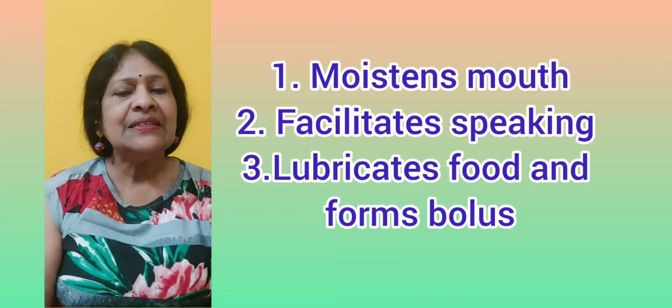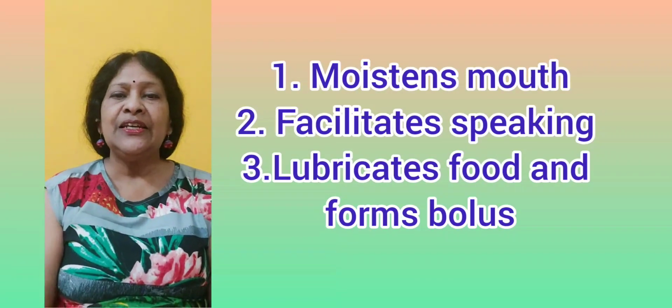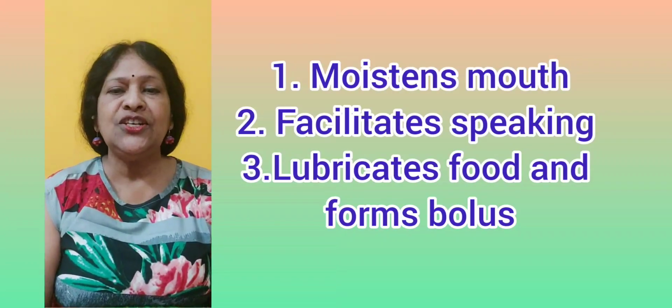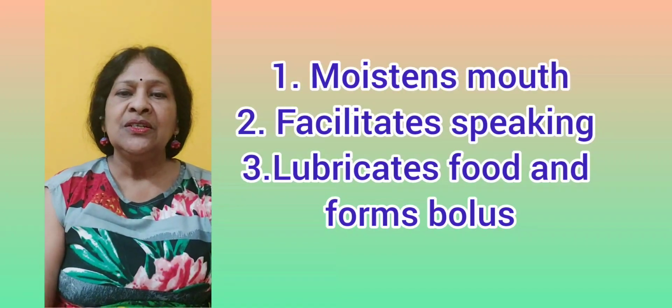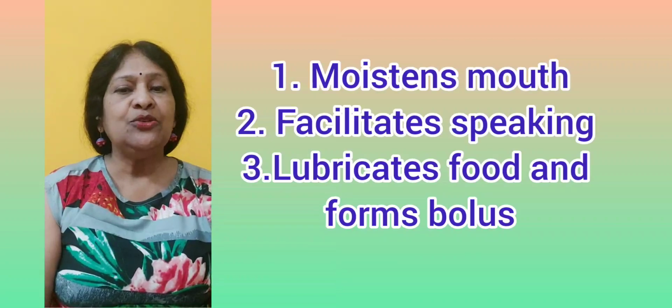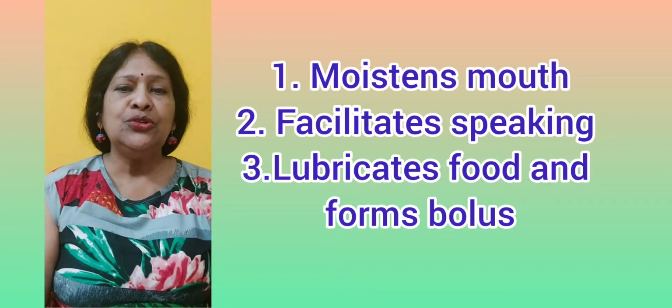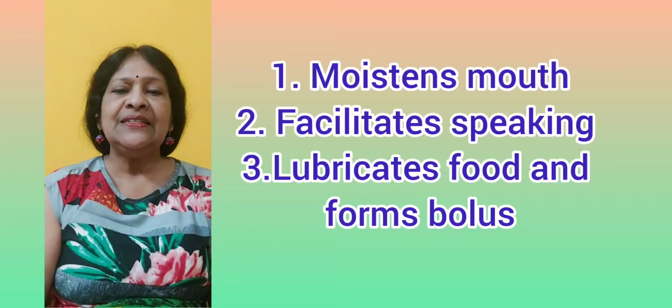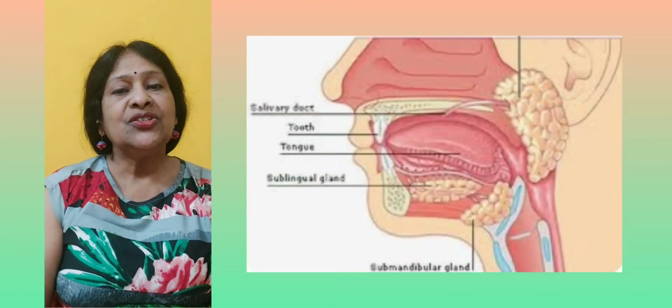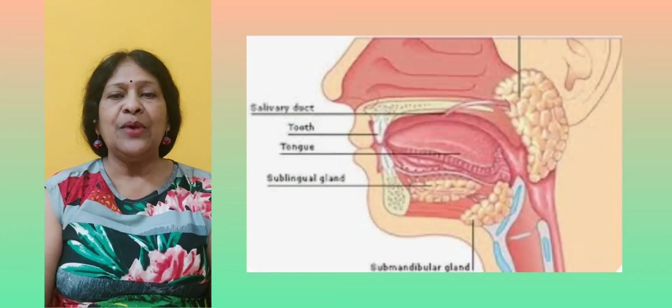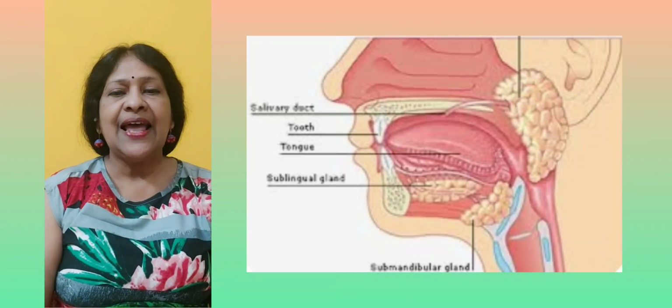The next is the food that we take into our mouth by the process of ingestion. Although it is cut into small pieces by your teeth or ground into a masticated substance, that is next followed by the addition of saliva.